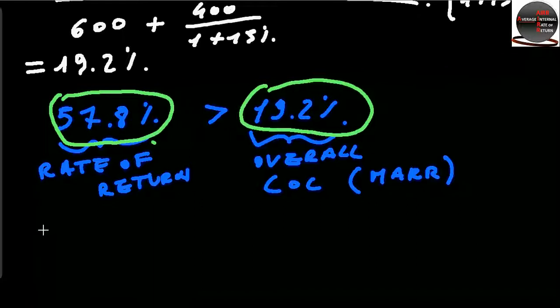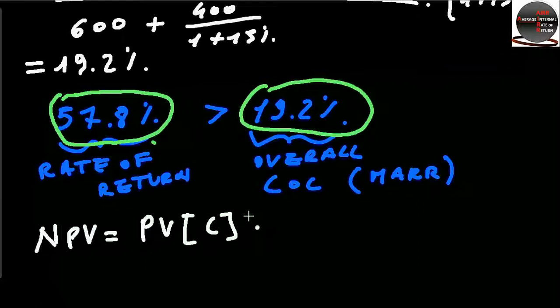More precisely, the net present value maintains the same product structure that we have seen in the previous videos. We have the total capital invested, and we multiply the investment scale by the difference between the project rate of return and the overall cost of capital, the minimum attractive rate of return.